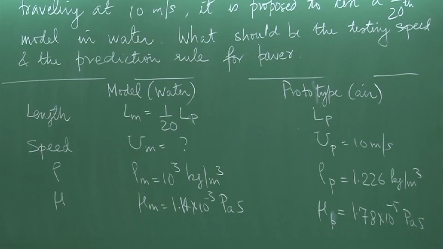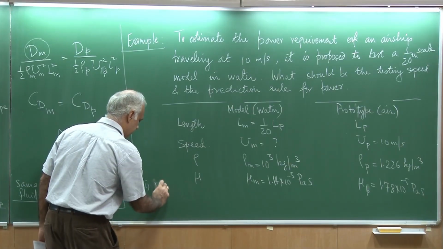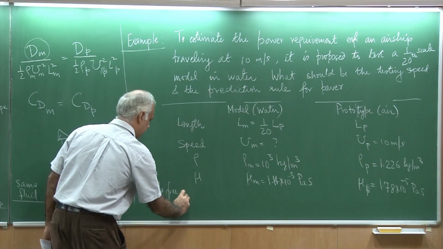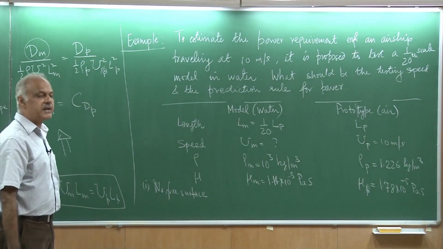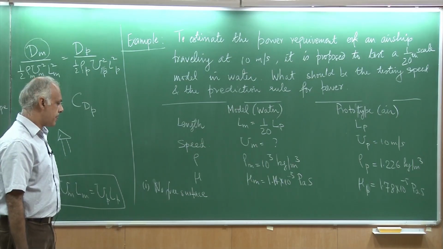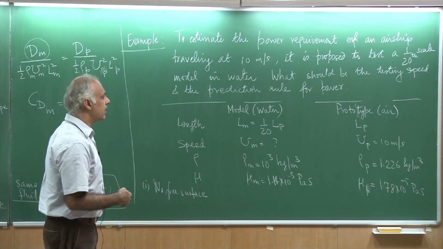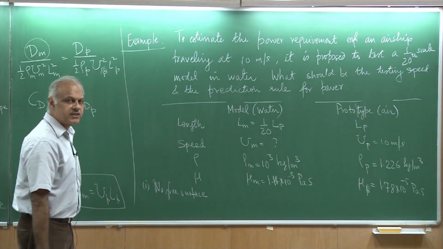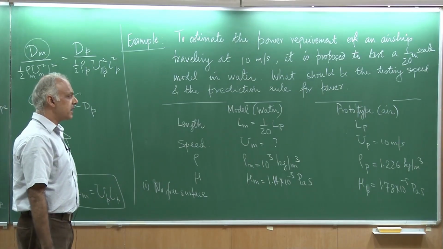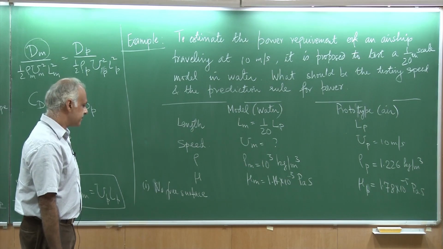What we have been told is that there is no free surface, because this is completely submerged. So, in fact, when we do the experiments of the model of an airship in water, we have to make sure that it is submerged deep into the water and there is no effect of free surface.